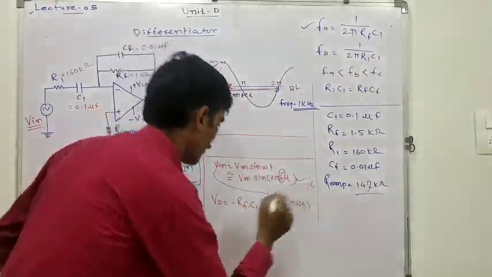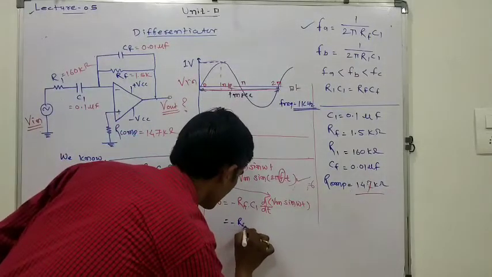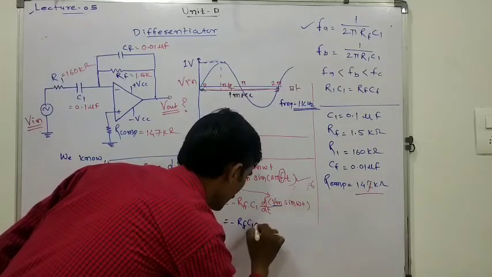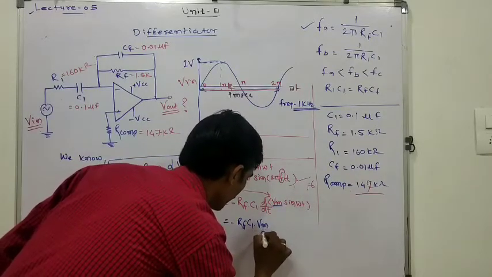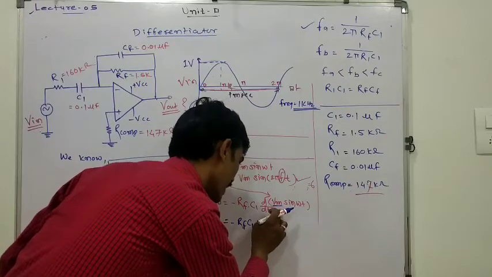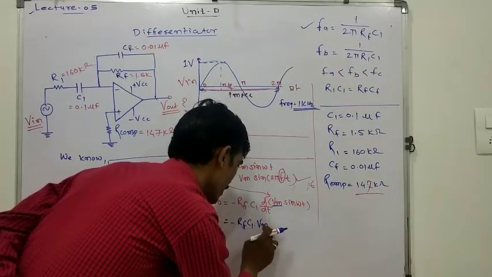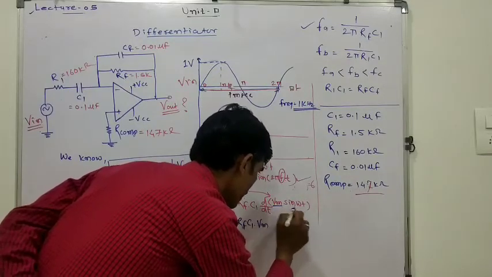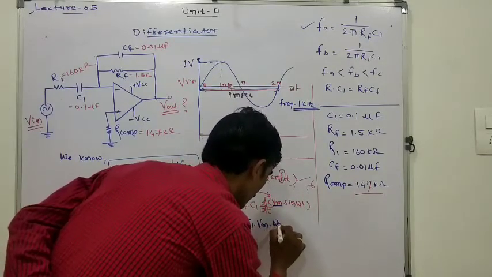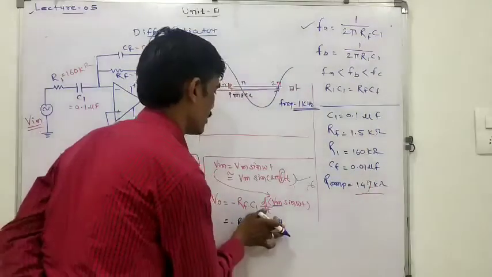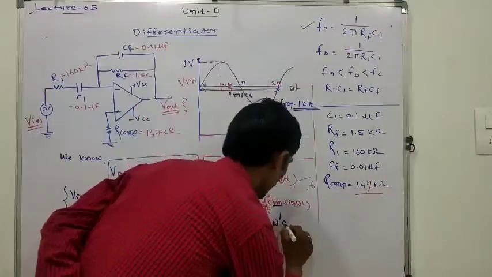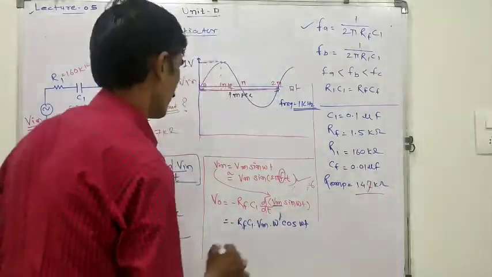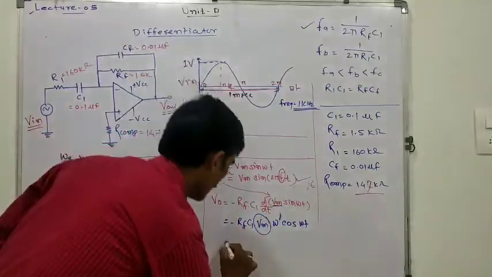So we get minus RF C1 d/dt of Vm sin omega t. Vm also acts as a constant, so we are just taking Vm out of the differentiation. The differentiation of sin omega t is omega cos omega t.